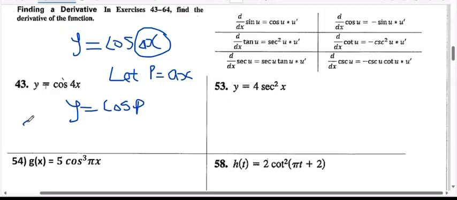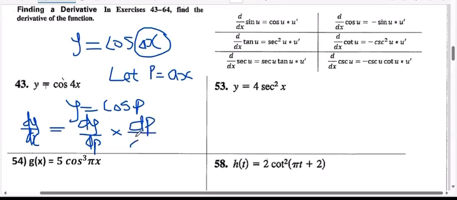If I want to find dy/dx, it is going to be dy/dp multiplied by dp/dx. Of course, the dp cancels the dp, so I have dy/dx.